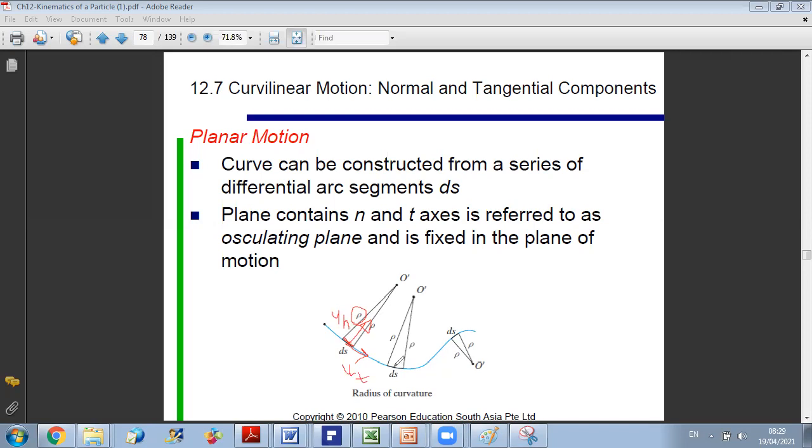While here we have, this is UT, and this is UN. And we have the same idea for any position. Okay, here, for example, you have change of curvature, so UN will be downward.